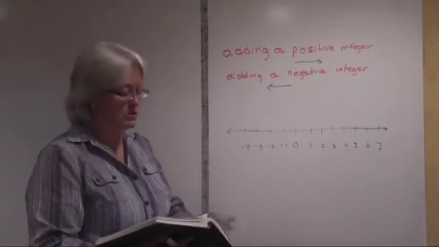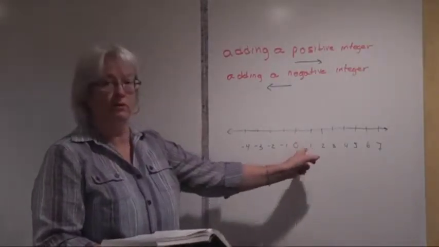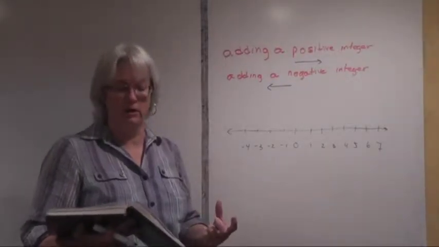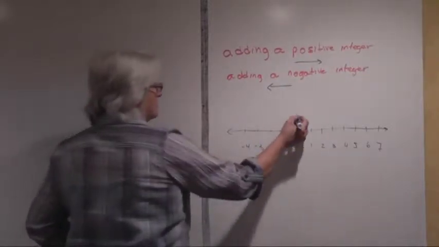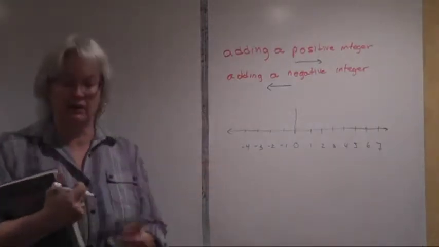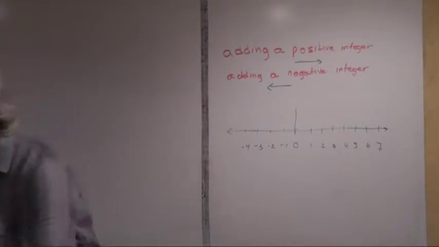So I'm on page 116, and we're going to start at 0 on the number line, and we want to add together a negative 1 and a negative 4. So we're going to start right here at 0. And how are we going to indicate that we're adding a negative 1?